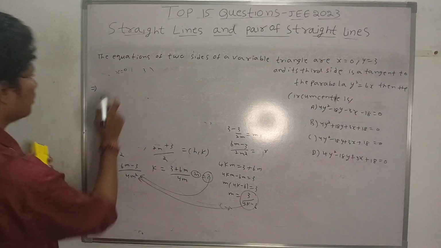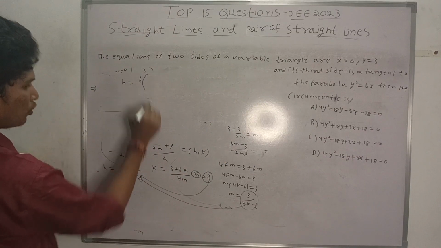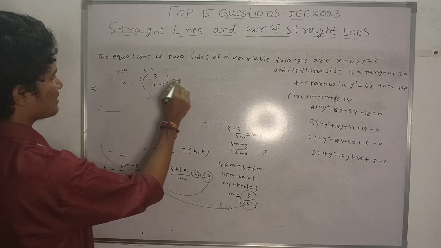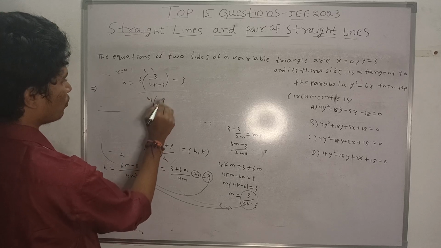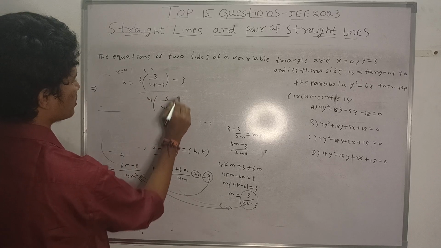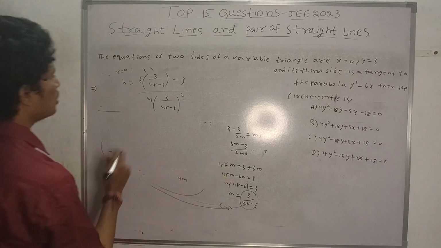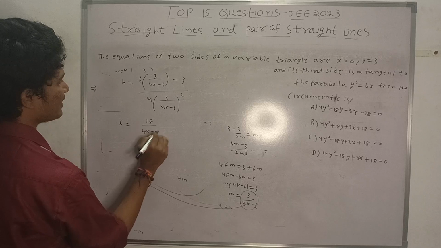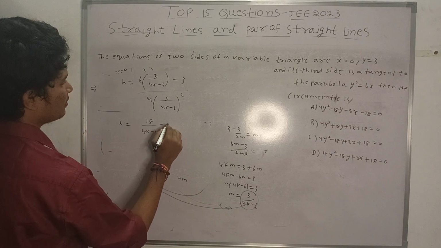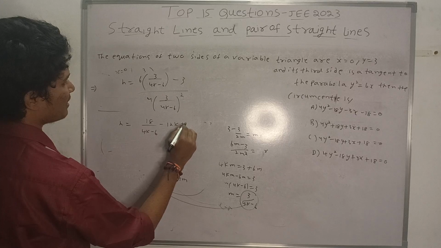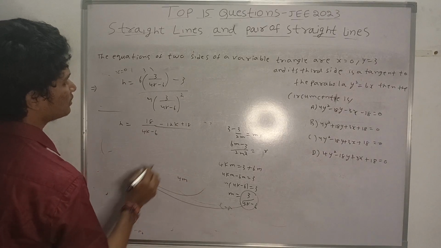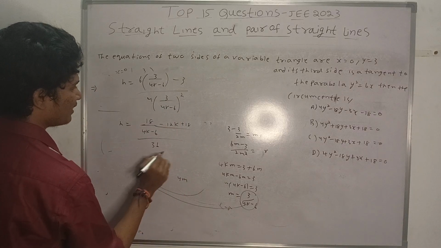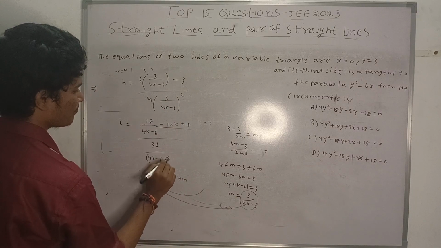So when we substitute, h equal to (6m minus 3) divided by 4m square, what is the value of m? 3 divided by (4k minus 6). Simply solve this equation. We will get h equal to 18 divided by (4k minus 6) minus 3, that is (12k minus 18) divided by (4k minus 6), over 4 into 9, 36, divided by (4k minus 6) whole square.